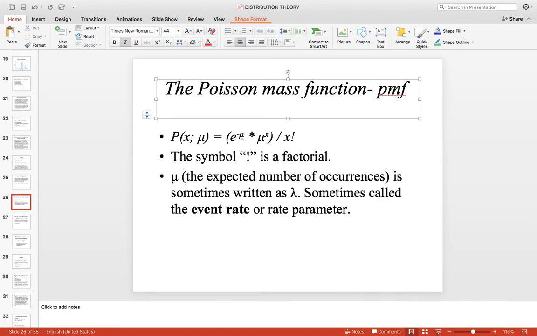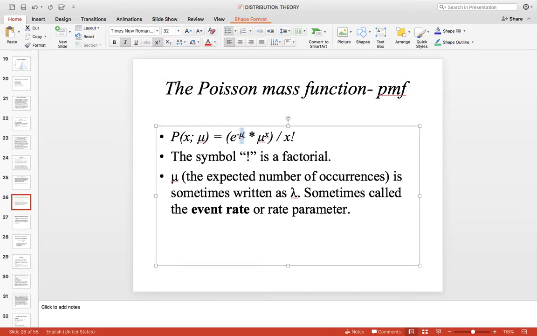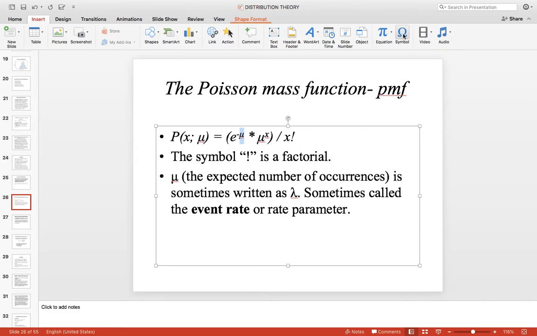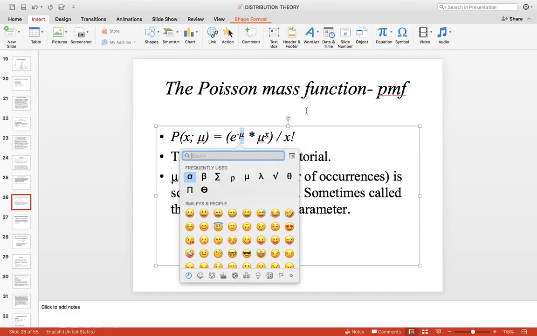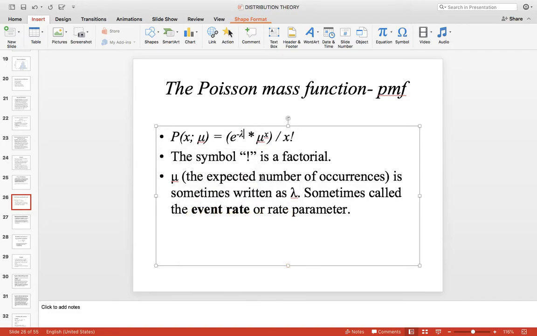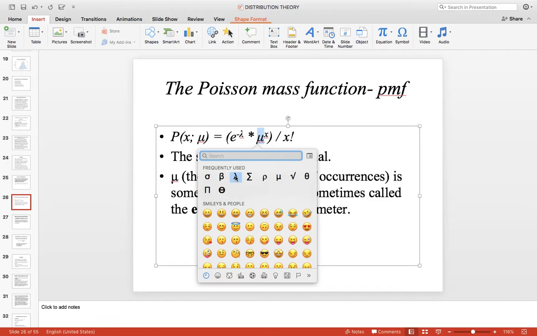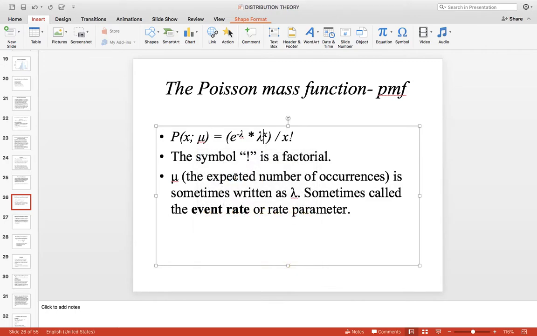So this can be written as e raised to the power of minus lambda into lambda raised to the power of x, divided by x factorial. It's a rather simple formula where x is the number of occurrences, and mu, sometimes called lambda, is the event rate or the rate parameter.